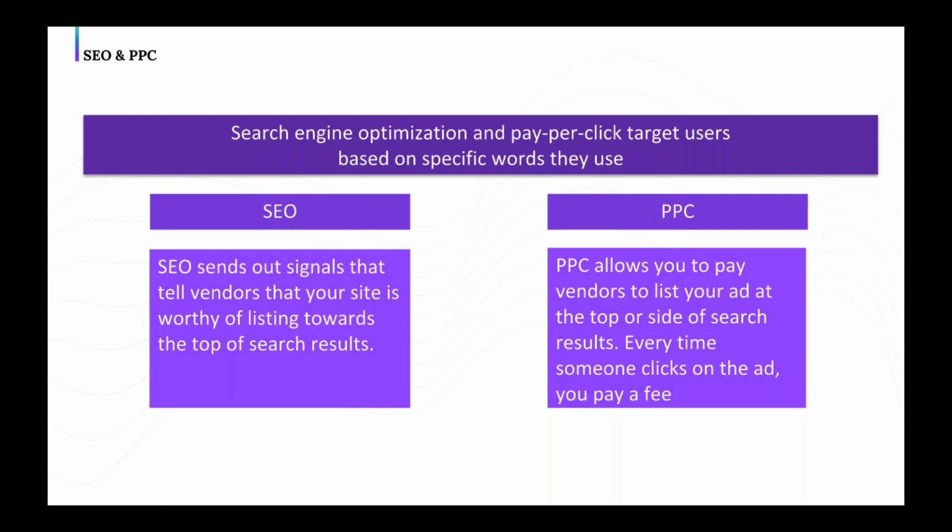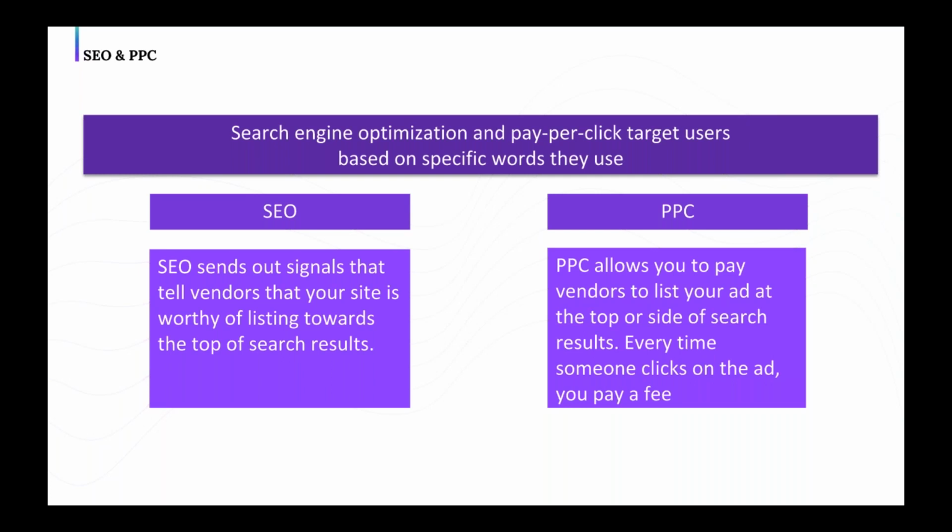So these are obviously a little bit different. SEO would be how you optimize your site to be able to rank higher within search networks, whether that be Google or Bing or whatever it might be. SEO simply means that your site is sending out signals to whatever those search vendors are, and those signals have the intent to tell that search vendor to rank you higher.